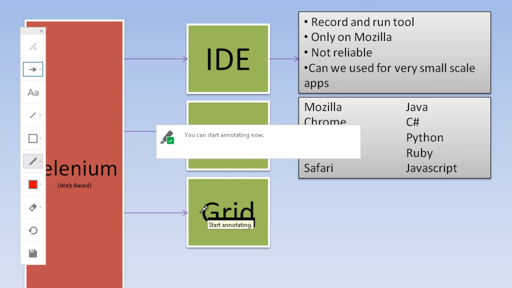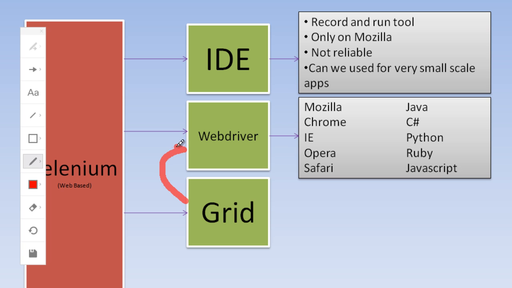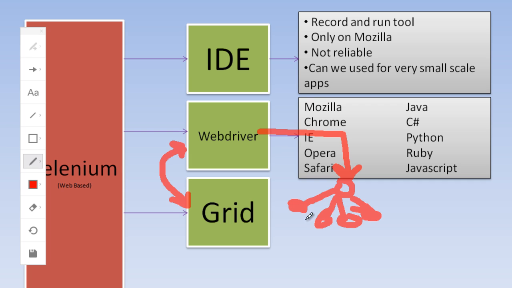GRID is actually combined with WebDriver, and you write a code which helps you to run the test cases parallelly. You set up a central machine and you connect different machines to that machine, right? The WebDriver script is kept on the central machine known as the hub, and the hub controls the execution of scripts on the various other machines which are known as the nodes.